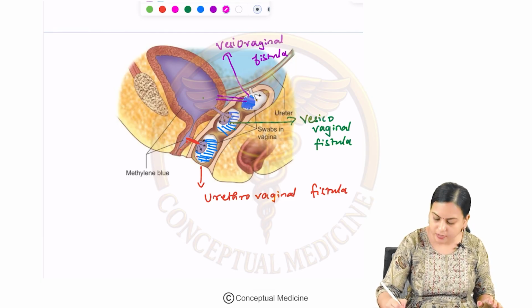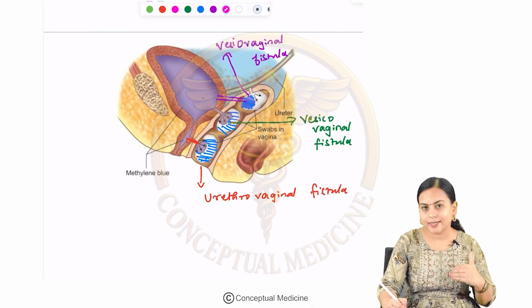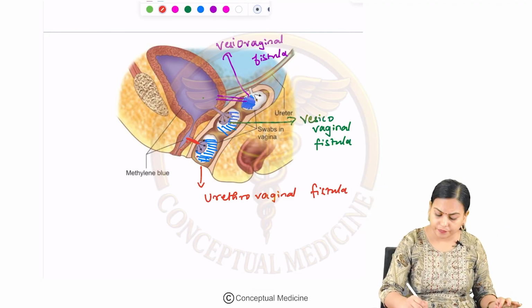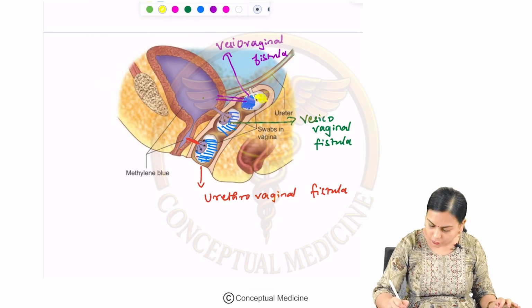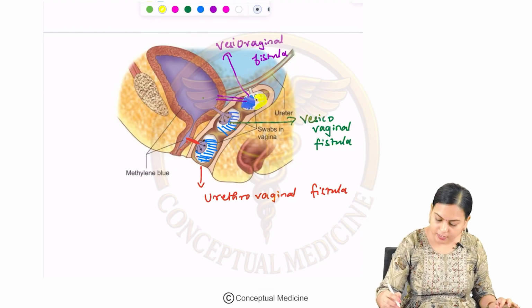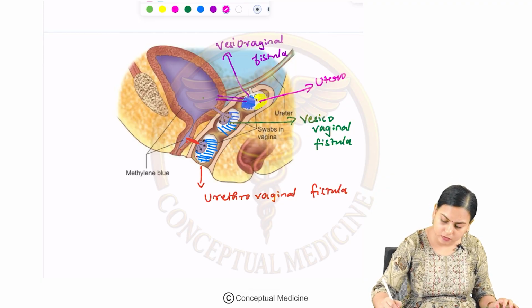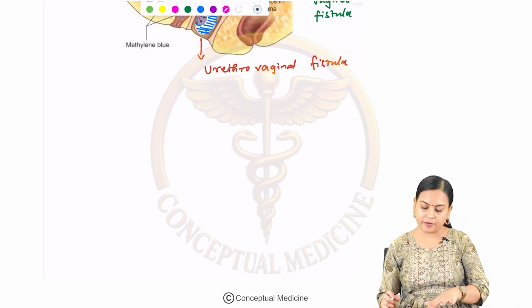Okay, so this is the ureter, and with the ureter there is a connection to the vagina. Okay, so that time the swab will be stained only with urine. So in that case it will be ureterovaginal fistula. Clear? I hope you would have understood.